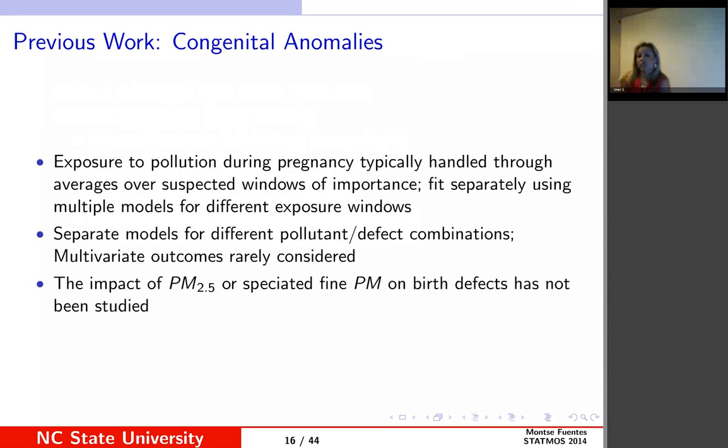So after giving a little bit of background for the problem of interest in the context of working with birth defects and trying to study the link to pollution.